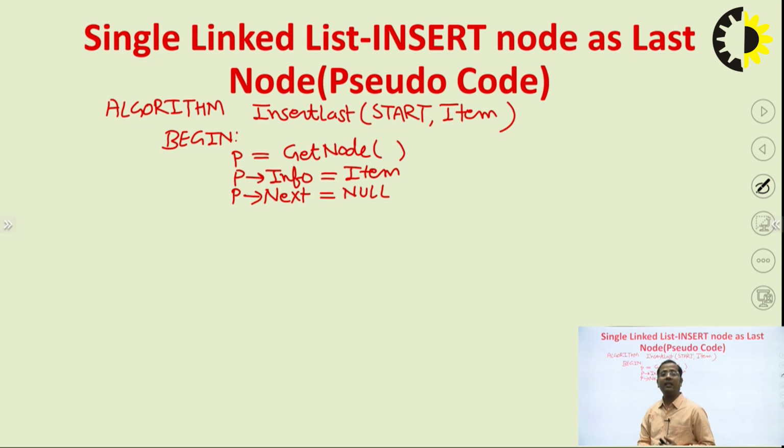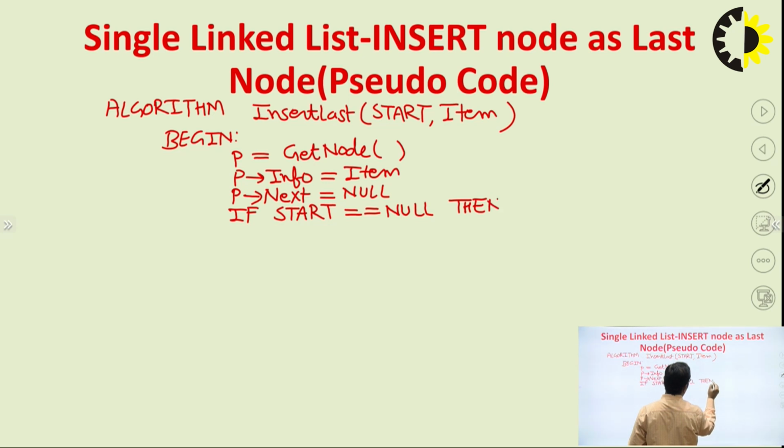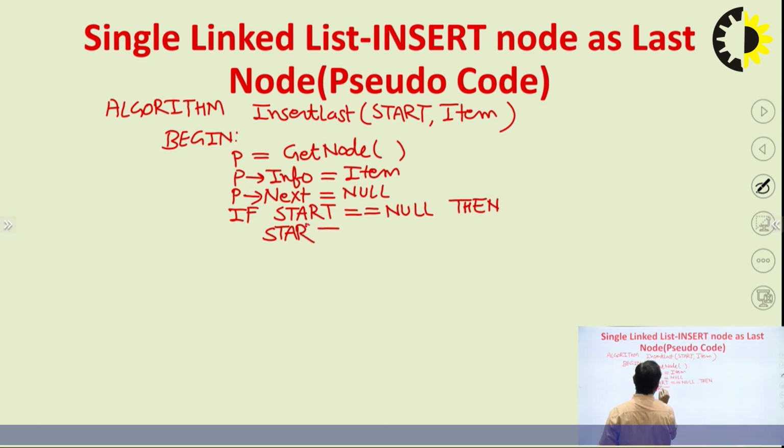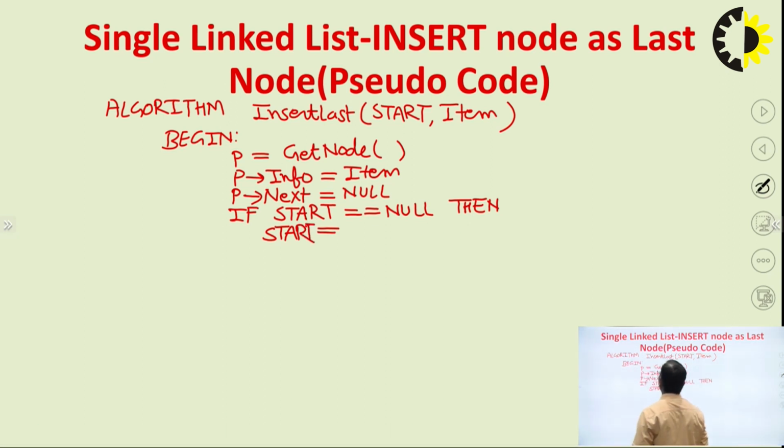Now covering the case when the list is empty. So we will write if start equals to null. With the if condition we have to write the then keyword in the pseudocode. So if start equals to null, simply we have to write ptr arrow next equals to start, that we have covered in that section.